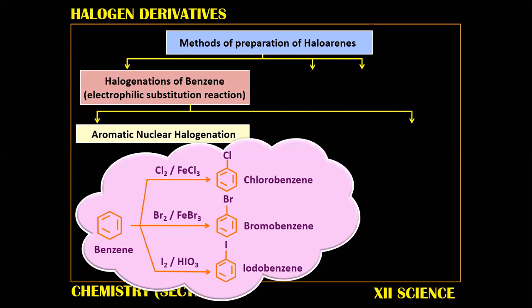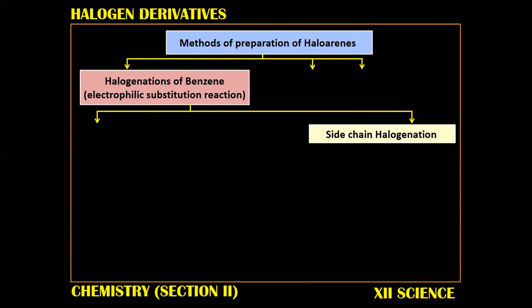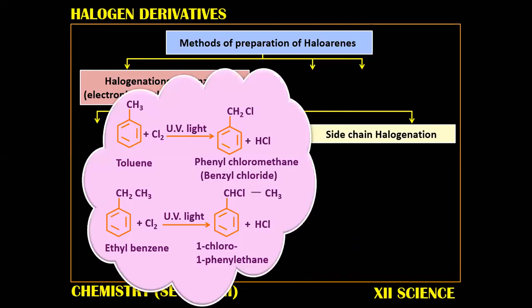This is also called electrophilic substitution or direct halogenation of benzene. In this second part is side chain halogenation.